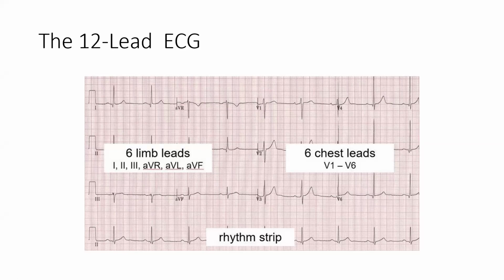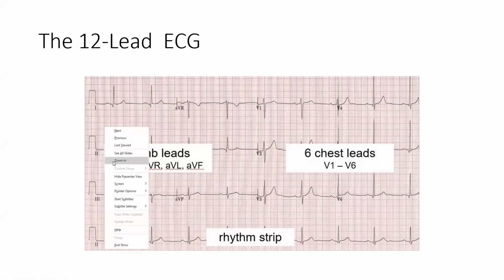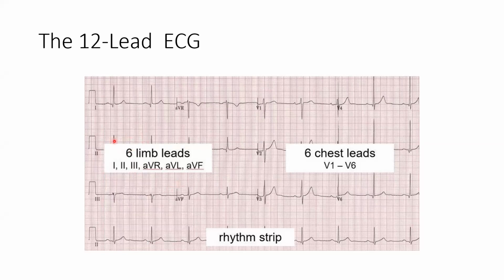So let's take a look at this 12-lead ECG. This is the typical layout of the ECG, and it includes the following. Let me just point this out. There are 6 limb leads right over here, referred to as such because these leads are connected to the arms and legs, and they are therefore designated as limb leads.